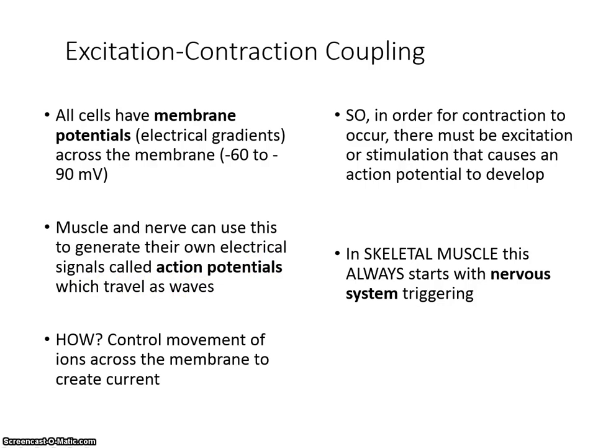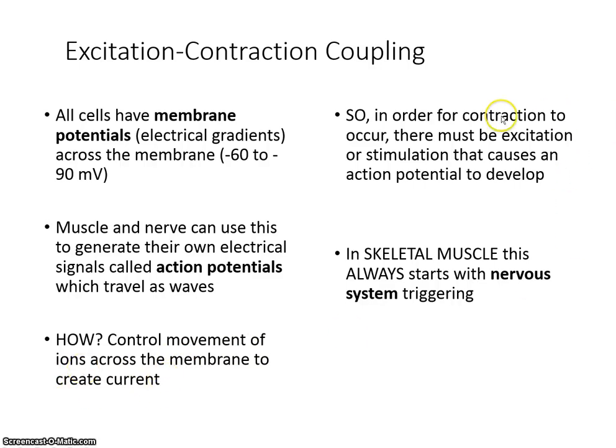How do they do this? Well, it's through controlling the movement of ions across the membrane, specifically either the axonal membrane, as we'll look at more in the nerve chapters, but here the sarcolemma, which will create a current.